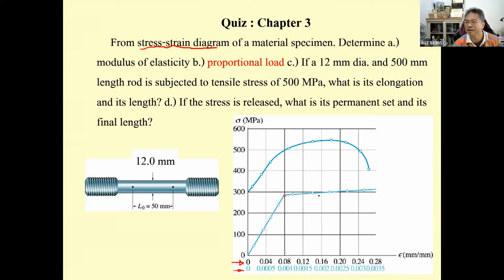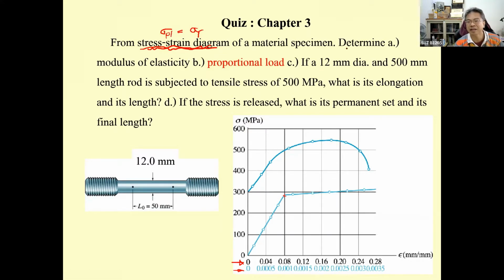And for this kind of stress-strain diagram, typically they're going to set the proportional stress equal to yielding stress, even though this problem didn't indicate it, but you can understand what's going on over here.